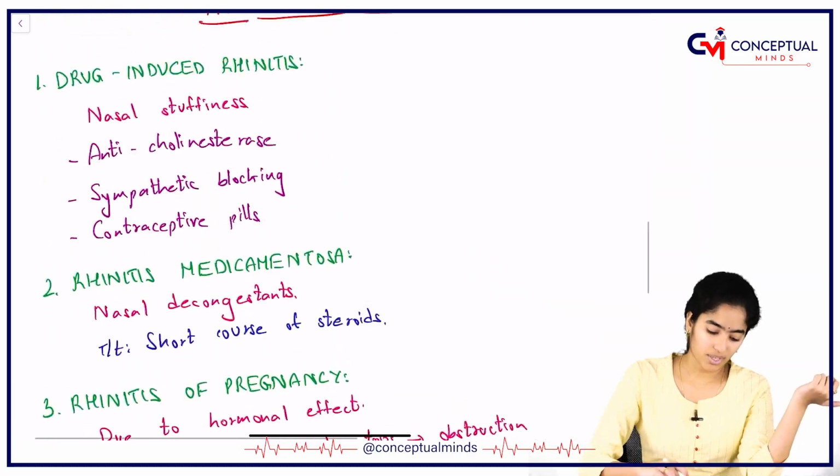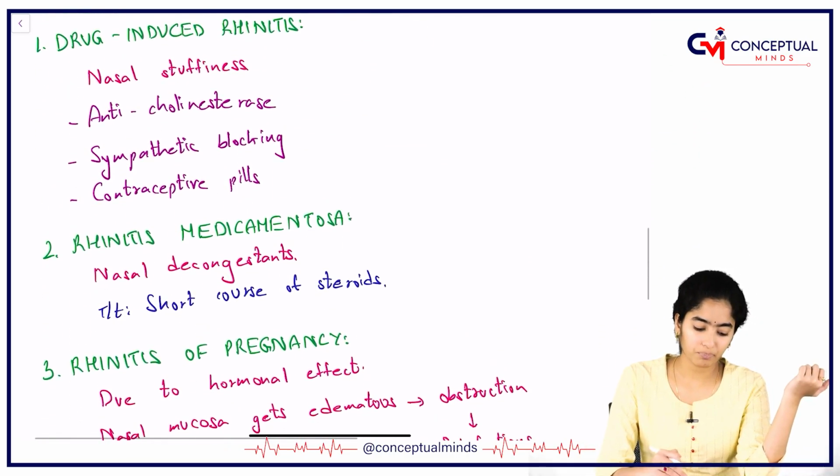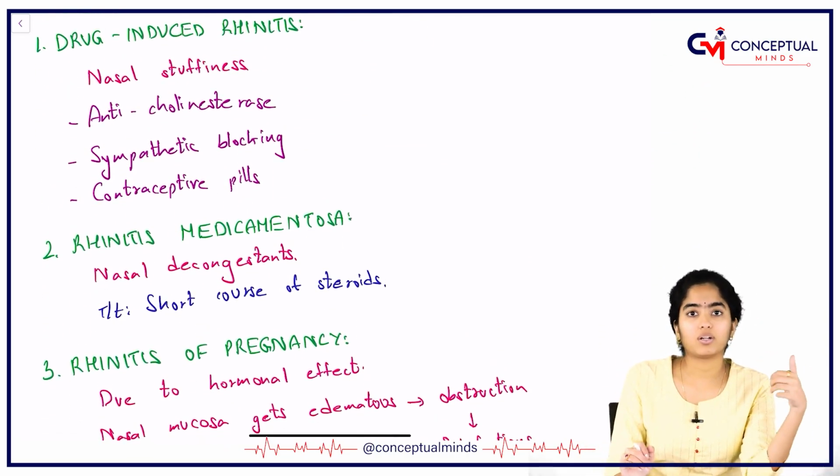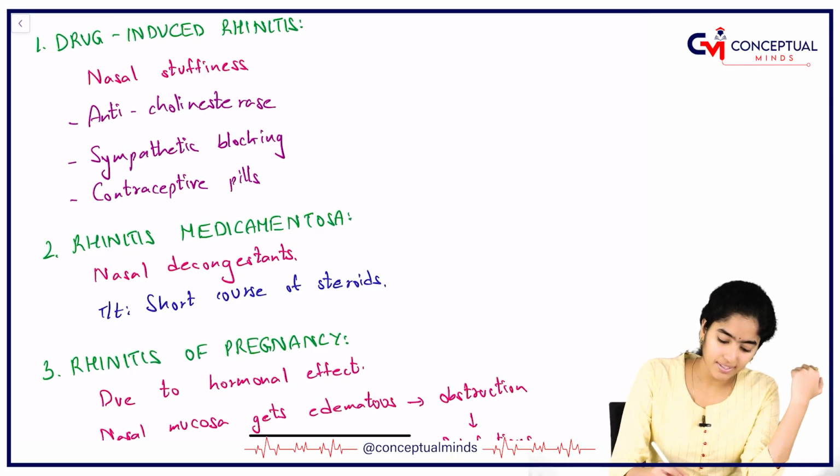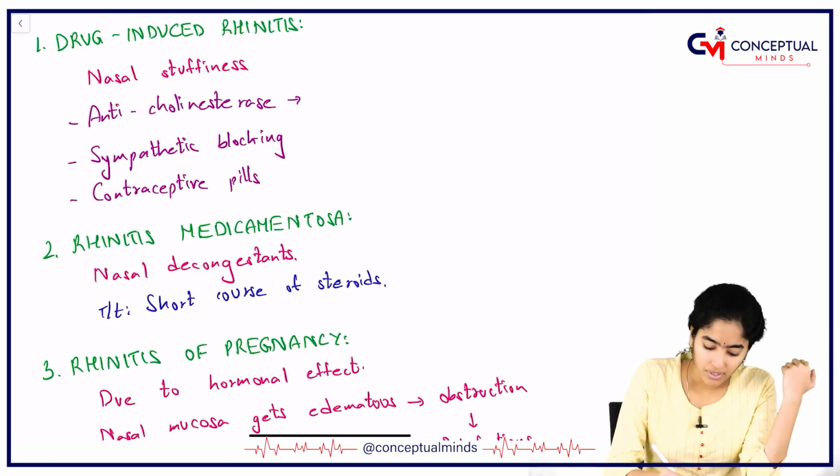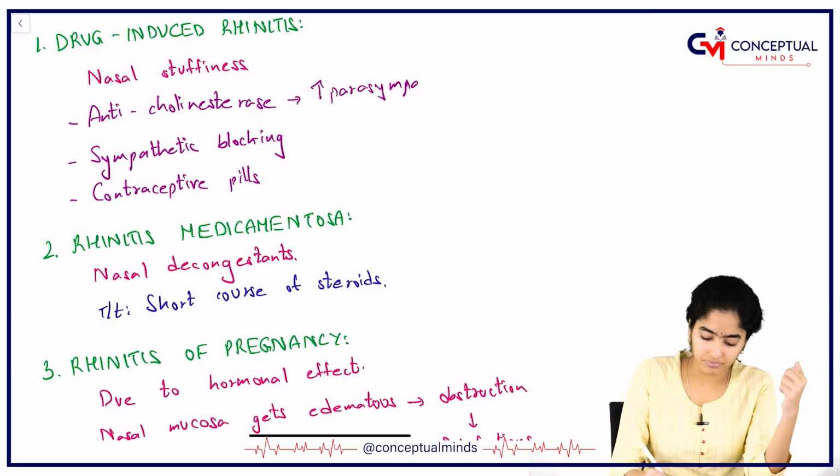Remember, in drug-induced rhinitis, what we have learned? Parasympathetic dominance and sympathetic blocking. Both of them lead to rhinitis and nasal stuffiness. Anticholinesterase was what? It increases the parasympathetic activity.